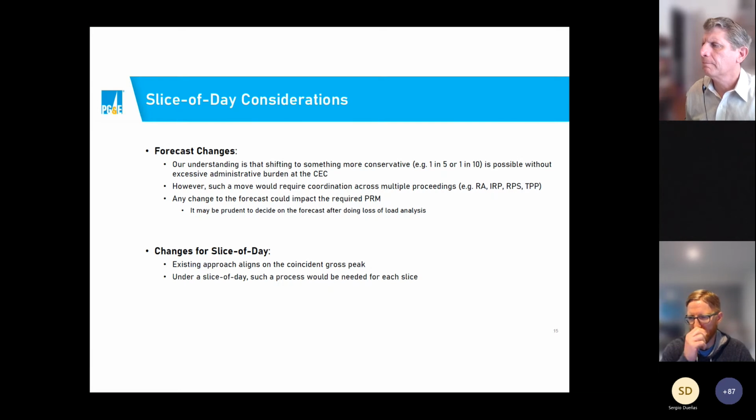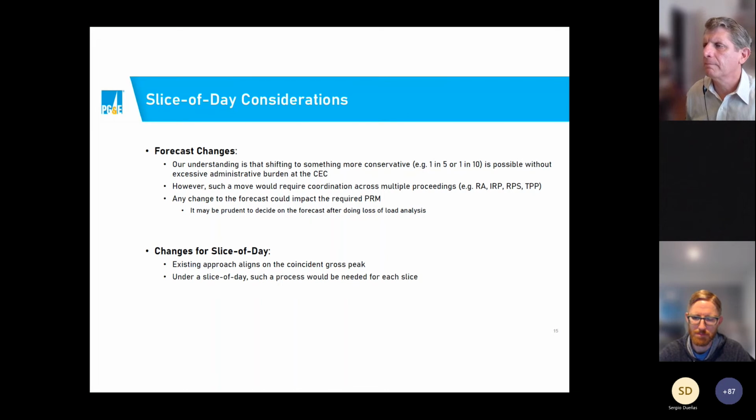And then if we have the same PRM behind the RA requirements in the RA program, we're going to cause LSEs to need to contract with every single one of those assumed resources in the IRP. Someone today already made the point, you're giving enormous market power to whatever that last unit is going to be. And really, in this case, all units are going to have that residual demand effect.